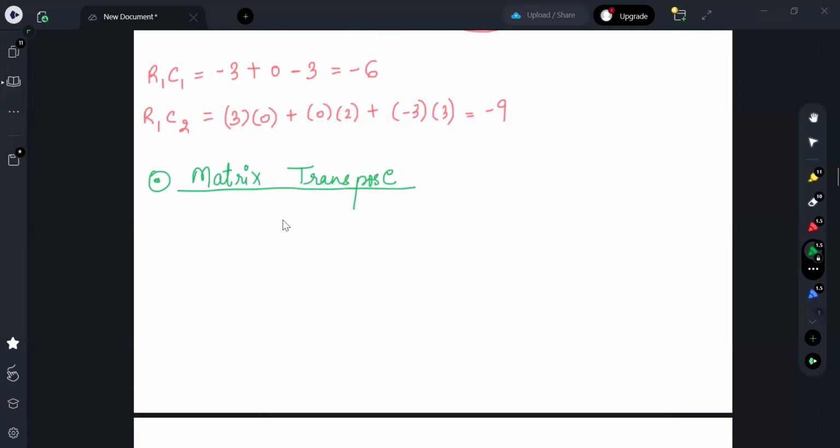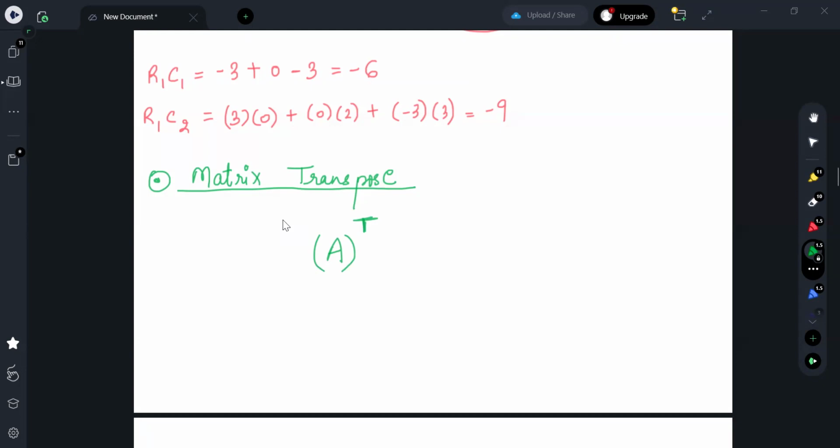Now, what do I mean by matrix transpose? It's just reversing the rows and the columns, basically. It's denoted by a matrix with a capital T, okay, as an exponent.